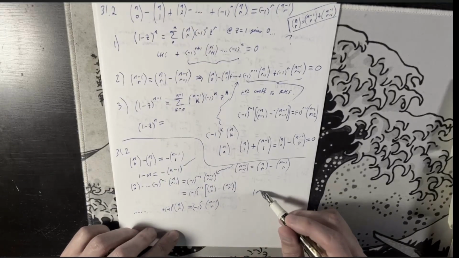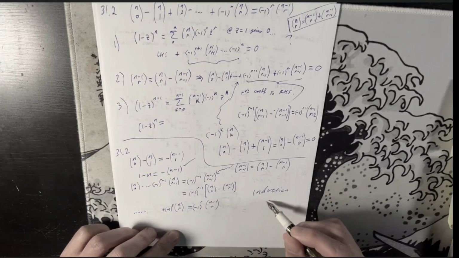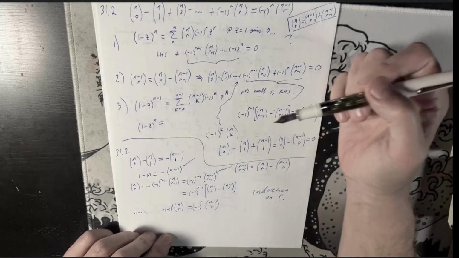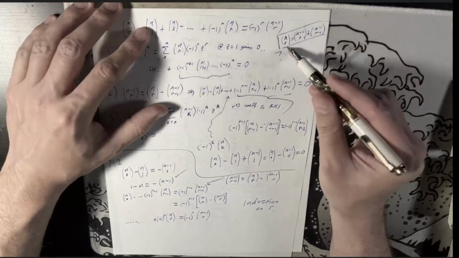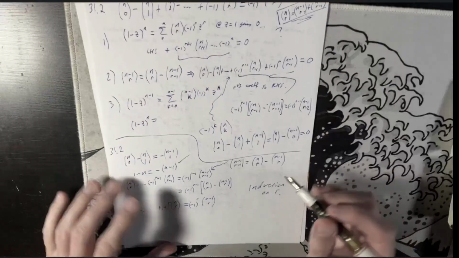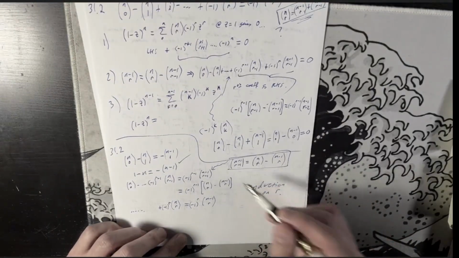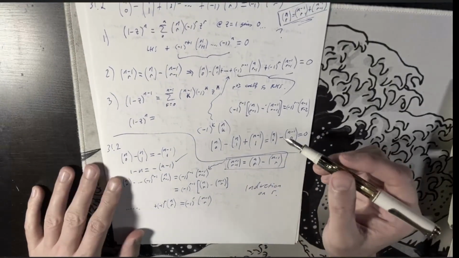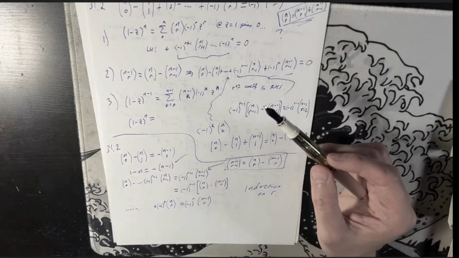That was induction on r to get 31.2, along with, you know, the obvious that we got from 31.1. You need to know this, or it doesn't work. Okay. Intriguing.